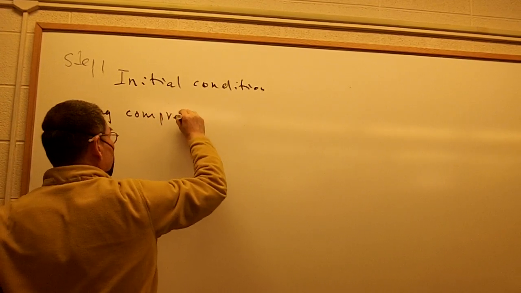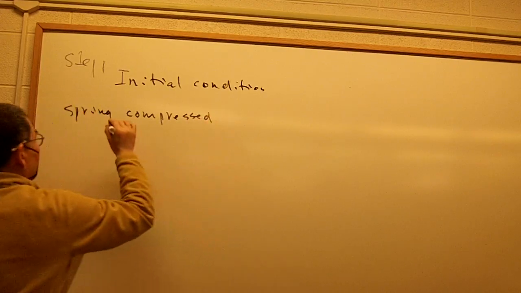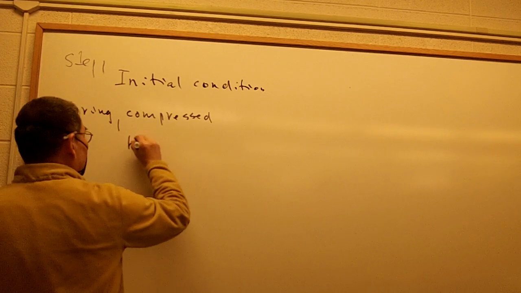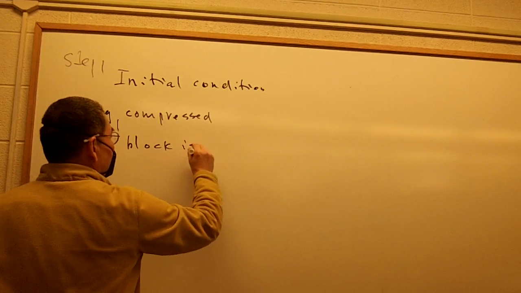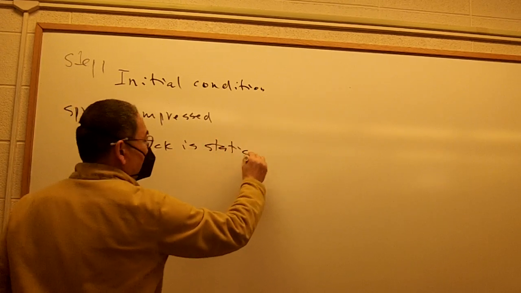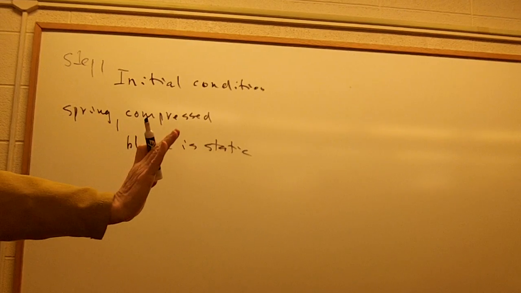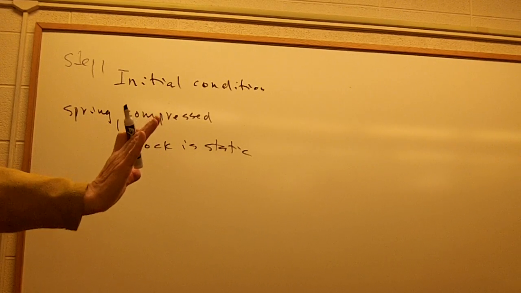To be more precise, spring 1 is compressed in this case, and the block is static. That is my initial condition. I just press the spring and hold it statically like that.